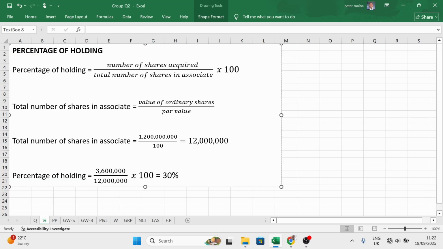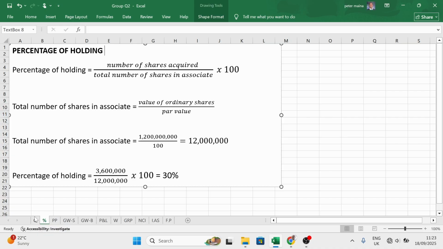We are supposed to divide by the total number of shares in associate. If you are not given the total number of shares, this is how we can find them. Total number of shares in associate is equal to the value of ordinary shares in shillings as given in the statement of financial position, divided by the par value, that is the nominal value of one share.